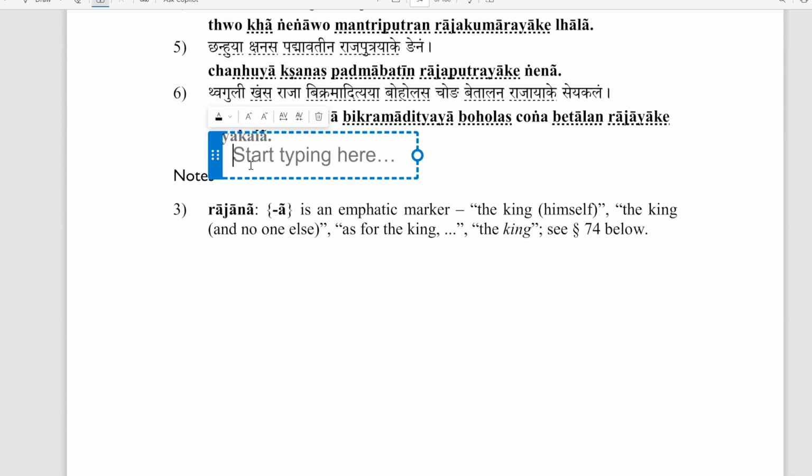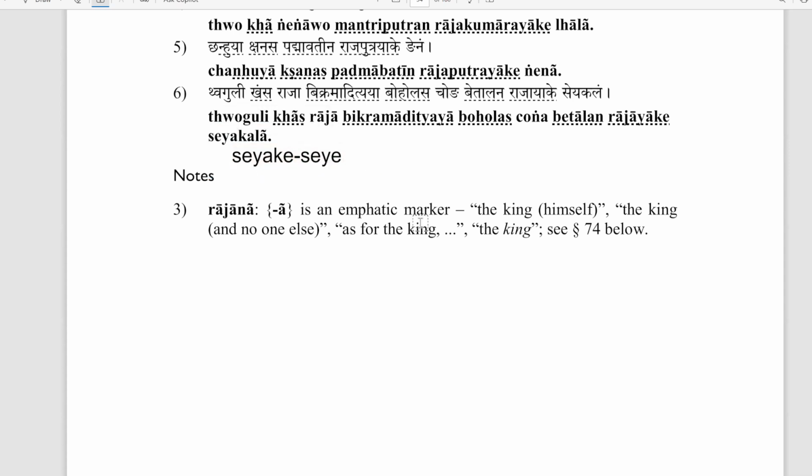So Seyagale is Seyage. This is a causative verb. So it's from Seye. Seye is to know, and Seyage is cause to know. Told the king. Yes, exactly. So the word for to tell is to make somebody know.